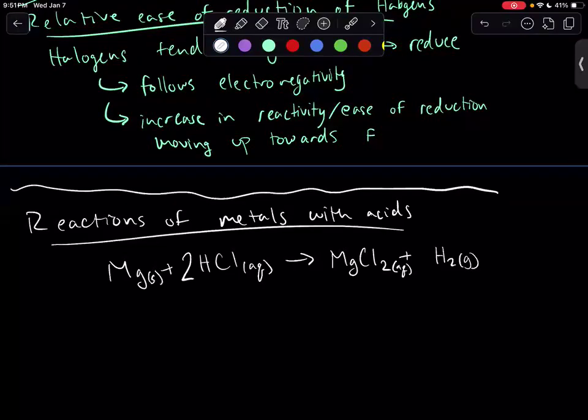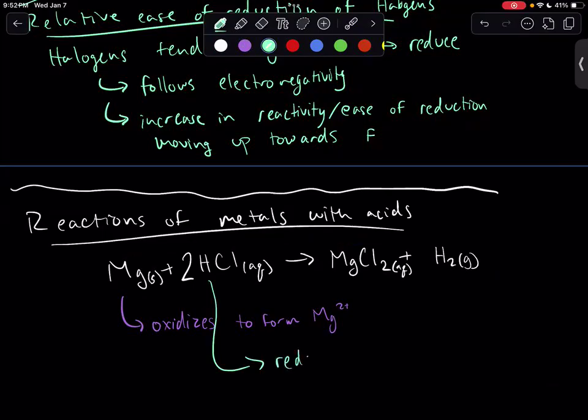And this is generally what happens with most metals with acids. What we see here is that our magnesium oxidizes to form Mg2+. Meanwhile, our hydrogen reduces to form hydrogen gas.